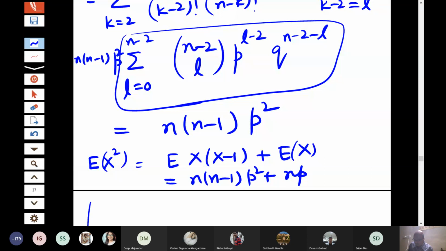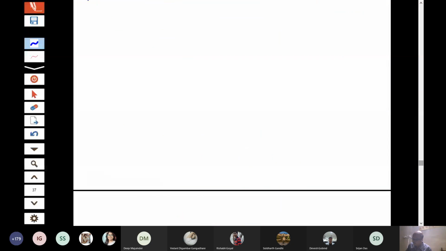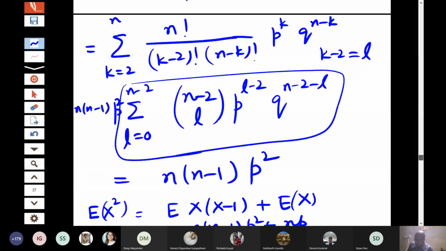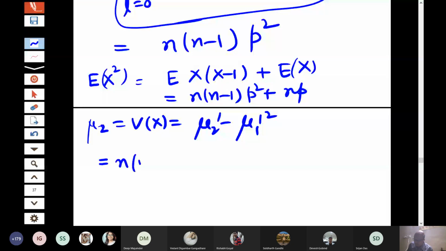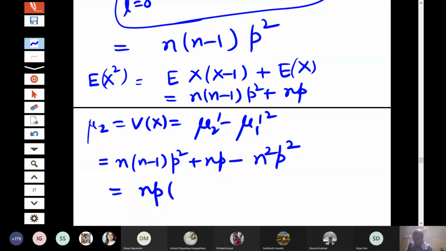If I want to calculate the variance of x, that is mu2 prime minus mu1 prime square, then it is equal to n into n minus 1 p square plus np minus n square p square. That is nothing but np into 1 minus p, or you can say npq. That is the variance of a binomial distribution.